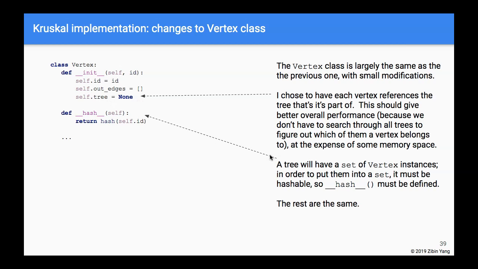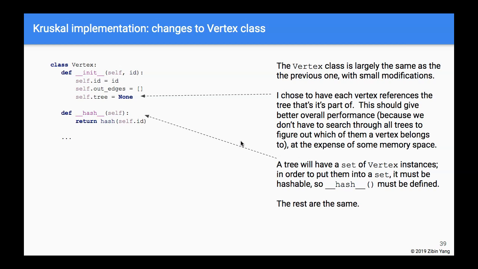The second change that I make is that because each tree would still keep a set of vertex instances, when we use a Python set, any element that we put in the set must be hashable.